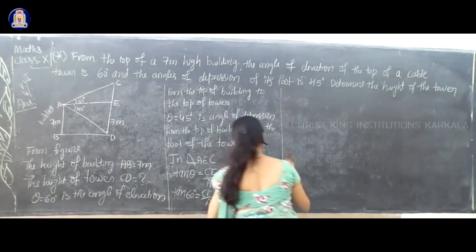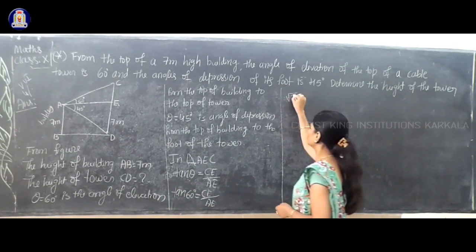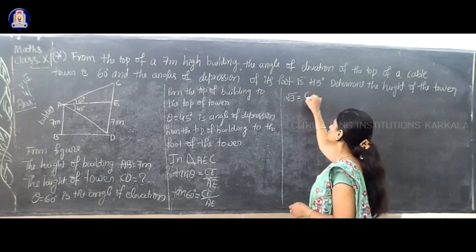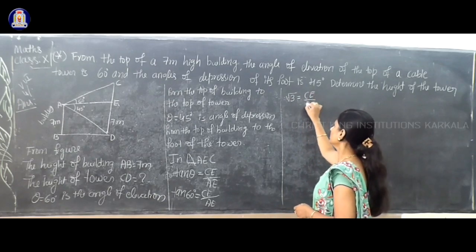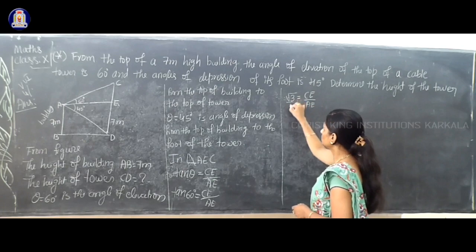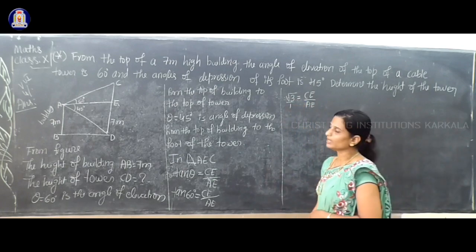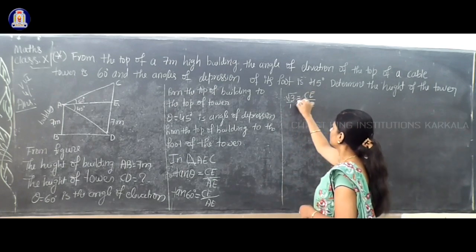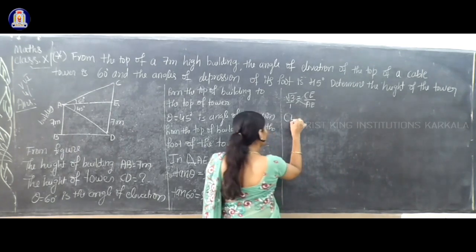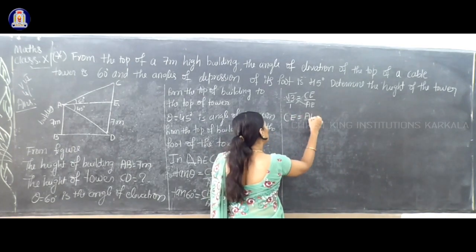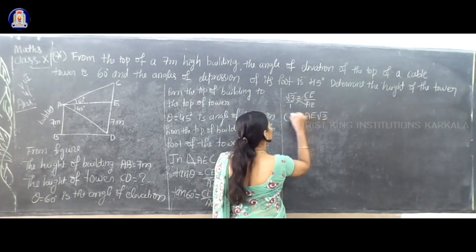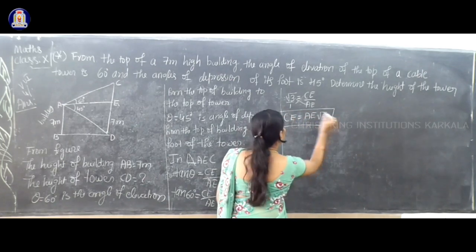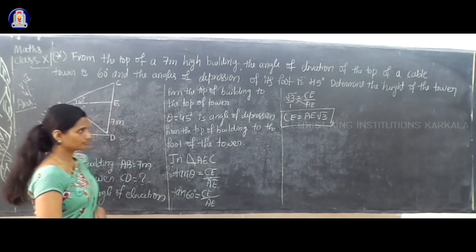Tan 60 is root 3, equal to CE divided by AE. So root 3 means it is root 3 by 1. Cross multiply. So what is CE? CE is equal to AE into root 3. That is by equation number 1.